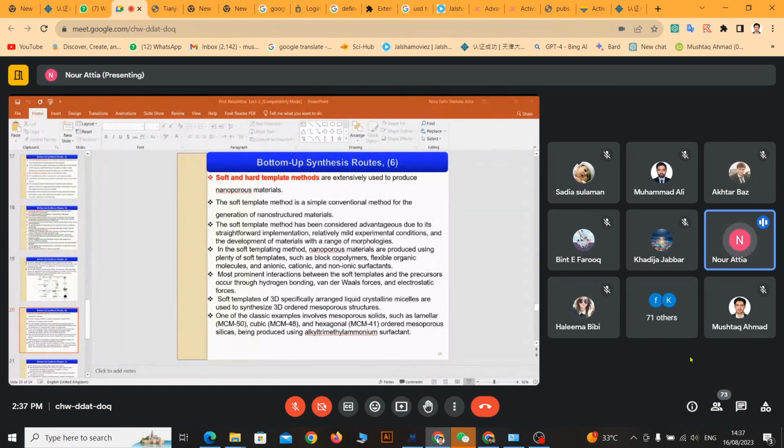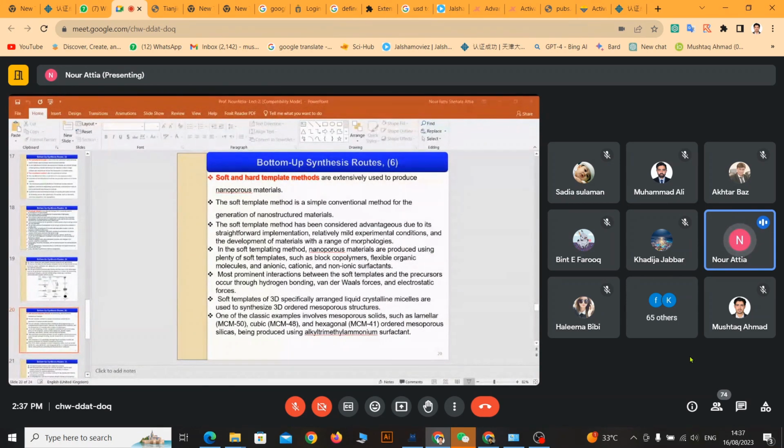Till now, the soft and hard template method is mainly used for the synthesis of nanoporous material. For nanoparticles, people do not use this one because they have developed many methods. They don't need it, because the science has developed much in the last 10 years, so nobody uses a soft template to prepare nanoparticles.